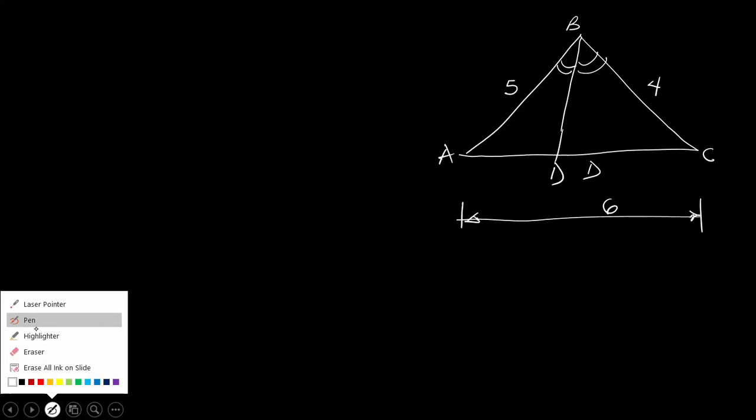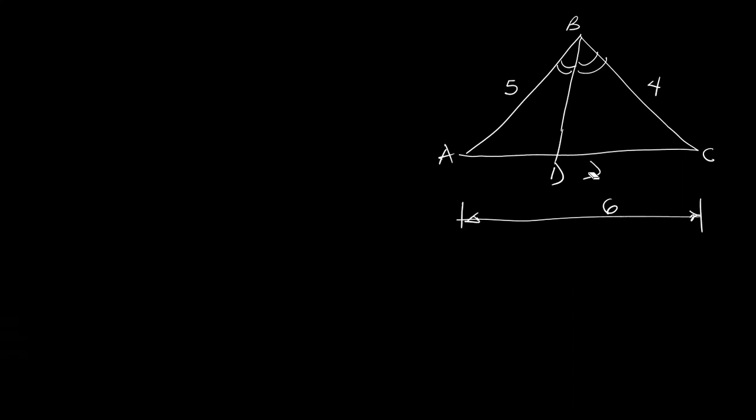So, let me just draw this properly. Now, let's say this is the bisector. This angle is equal to this angle. Now, the bisector BD is the bisector.